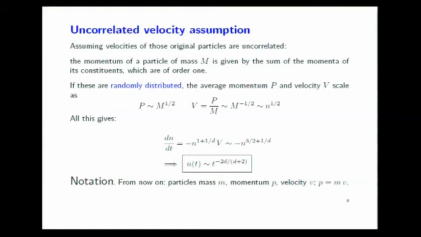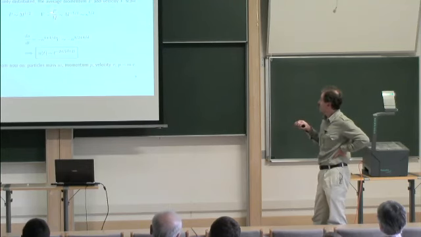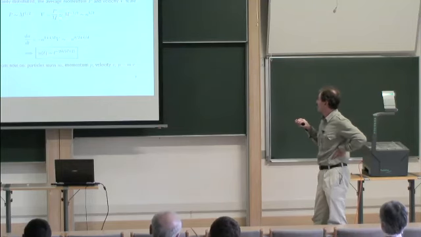And so the momentum of the particle of mass m scales like the mean of the momenta of m particles of mass 1. So p scales like square root of m. And then the velocity, which is p over m, scales like m to the minus 1/2.